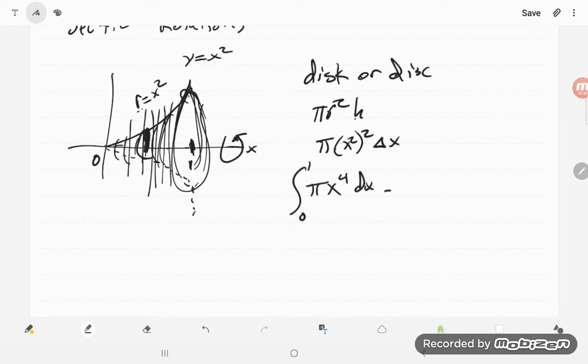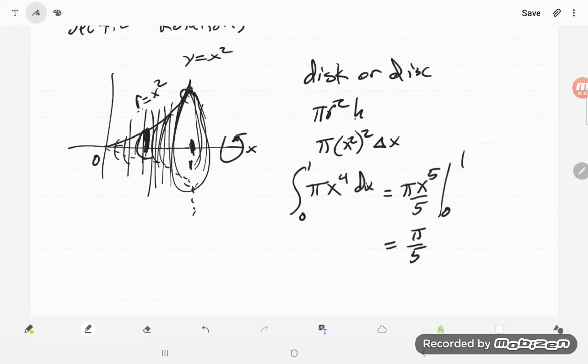And so this is pi x to the 5th over 5 from 0 to 1. And so we just get pi over 5 for our volume.